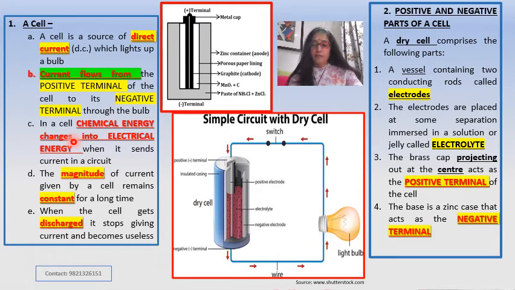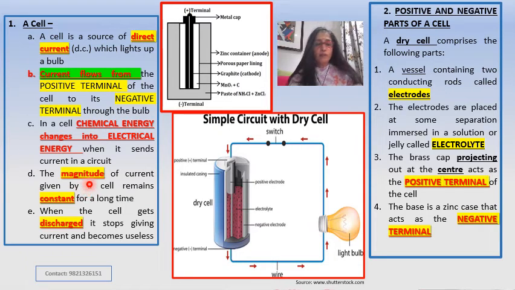In a cell, the third point, chemical energy changes into electrical energy when it sends current in a circuit. What is stored in this cell? Chemicals, chemical energy. And when you complete the circuit, this chemical energy stored inside the cell is converted to electrical energy that lights up this bulb. So understand this part of the cell also.